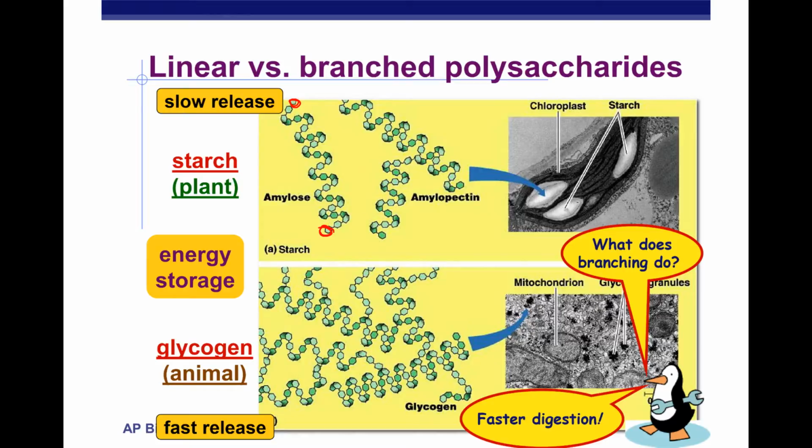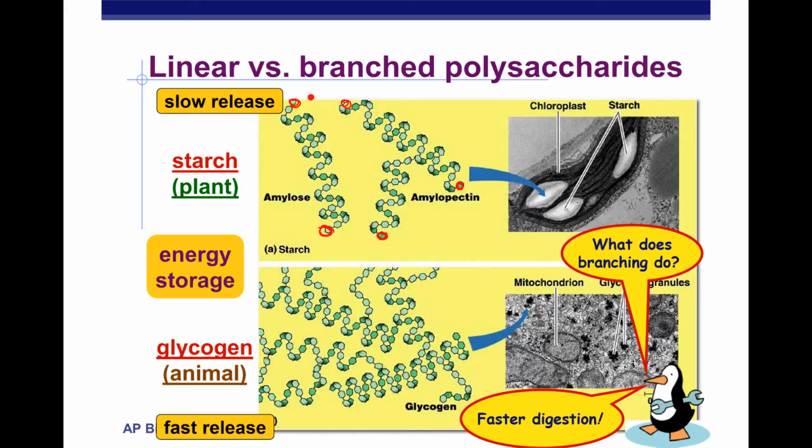Over here, on the second molecule, we'd have a starting point here, and we have another one here, and another one here. But other than those three, the rest of the molecule is all connected one to the next. Now, when it comes to digesting molecules like this, you have to have a free end for your enzyme to work on. It can't just start in the middle.